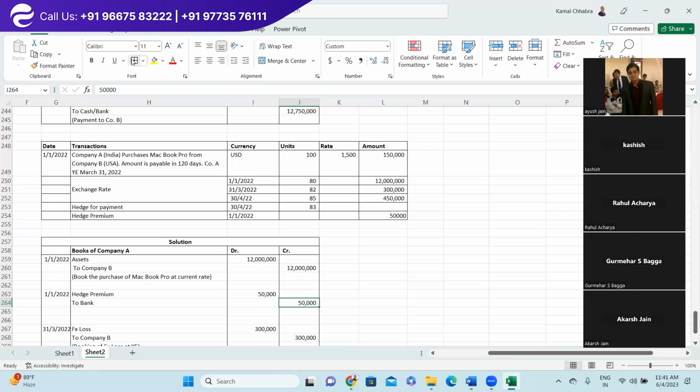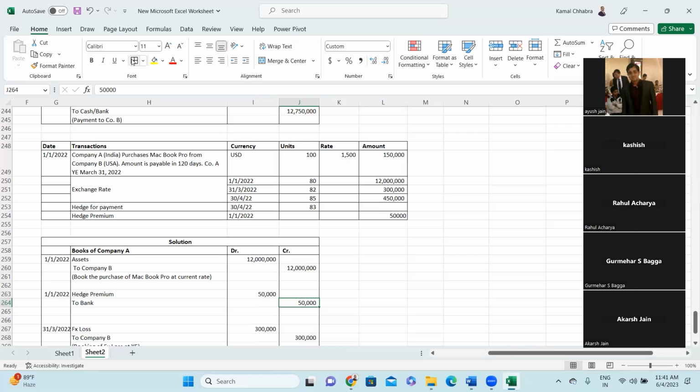But on the other side, there may be a person like Akash or Kashish who wants to sell US dollars and buy INR. For example, I have a foreign currency remittance: let's say I have given professional consultancy to a US company and I am expecting $150,000 to come after 120 days. So I'll go to the bank, saying I'm expecting this much money, what is the best rate you will give me? So the bank on one side may have US dollars and on another side may have INR. That's normal. That is what banking is all about.